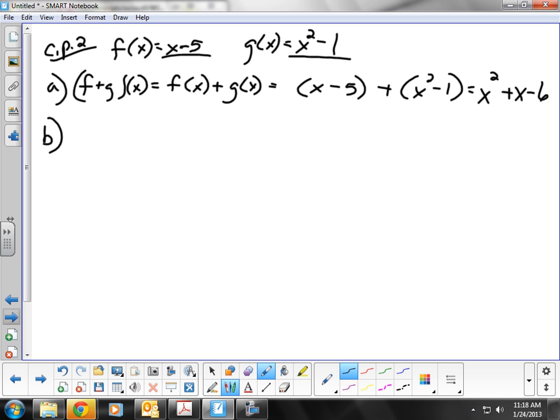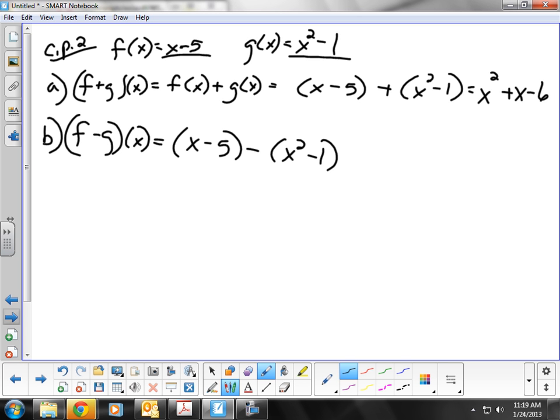Part B wants me to subtract them. So I'm going to take f of x minus g of x. Now, what do we have to be careful of when we subtract off that whole thing? Got to change the sign of how much of g? All of it. Every term in g has to be changed.